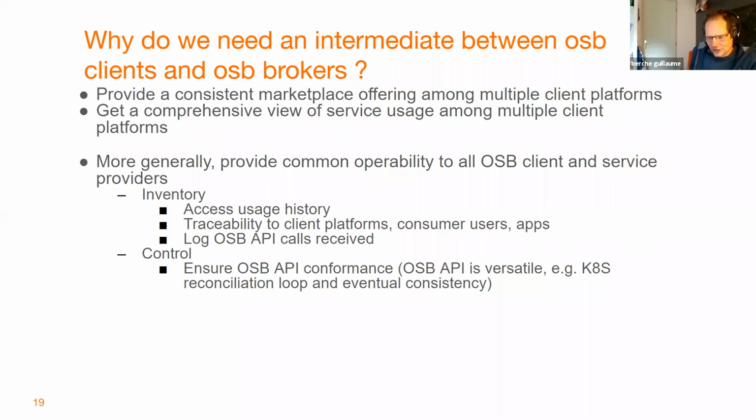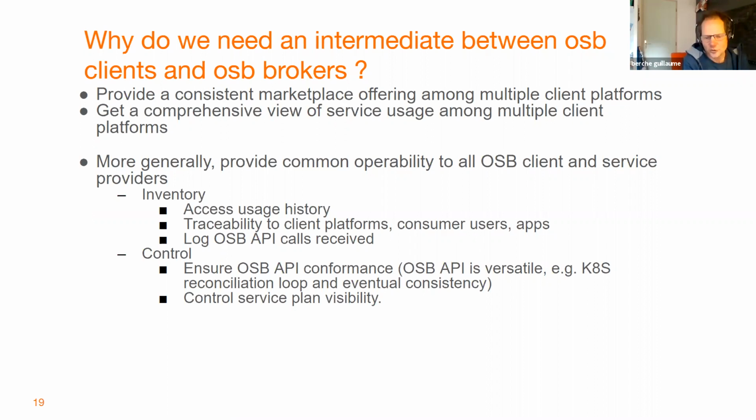They need to handle concurrent calls and determine which one has been made first. So Osb-cmdb shields service broker authors from this implementation. Service broker authors only receive Cloud Foundry profile calls, and the Kubernetes ones are automatically translated into Cloud Foundry calls.